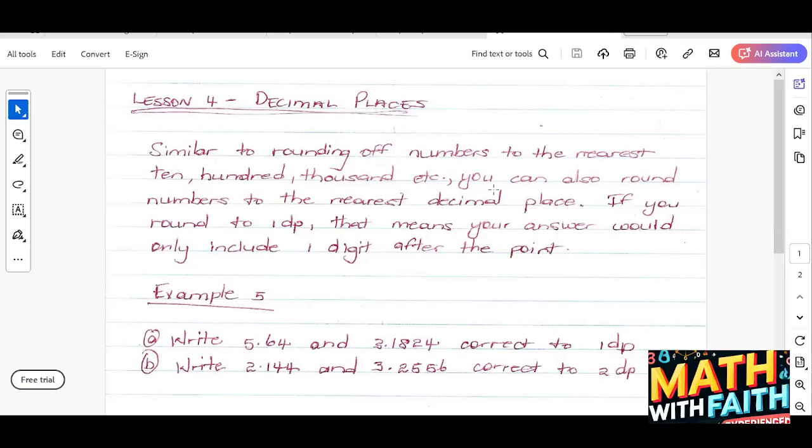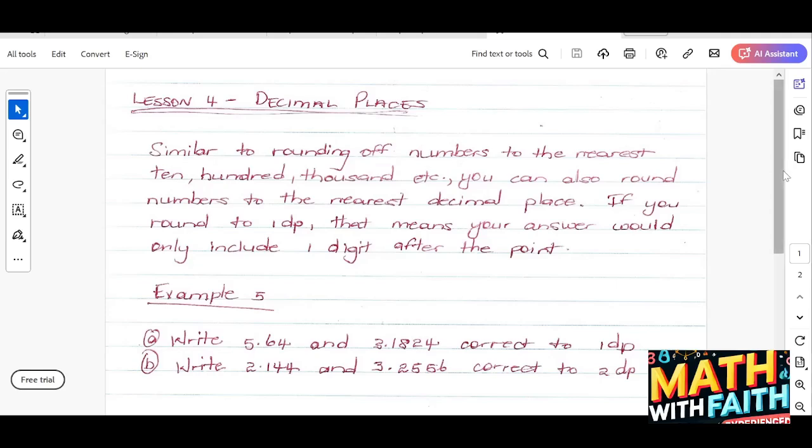If you have to round off to 1 dp, that's a short way of saying decimal place. If you have to round to 1 dp, that means your answer would only include 1 digit after the point. That is another way of saying to round it off to the nearest 1/10, and that is rounding it off to the nearest decimal place.